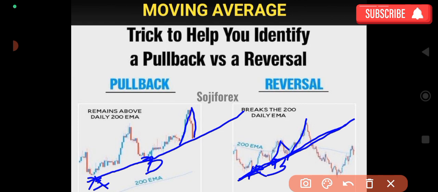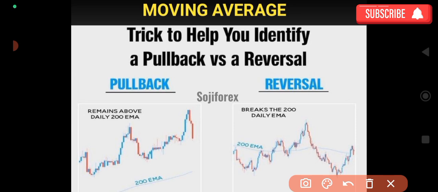So we take profit here, and then another pullback is happening. That is price coming back towards our trend line.